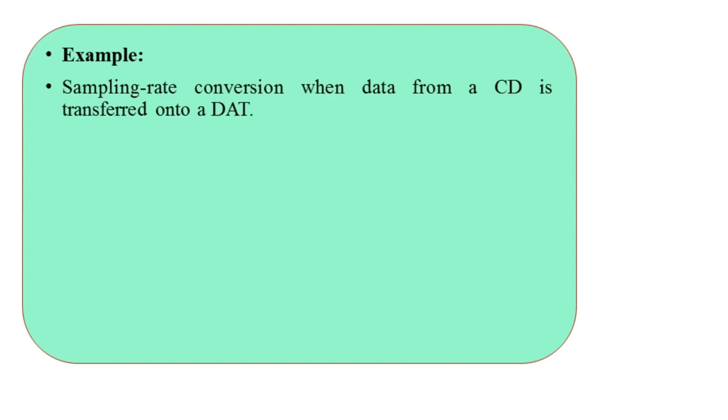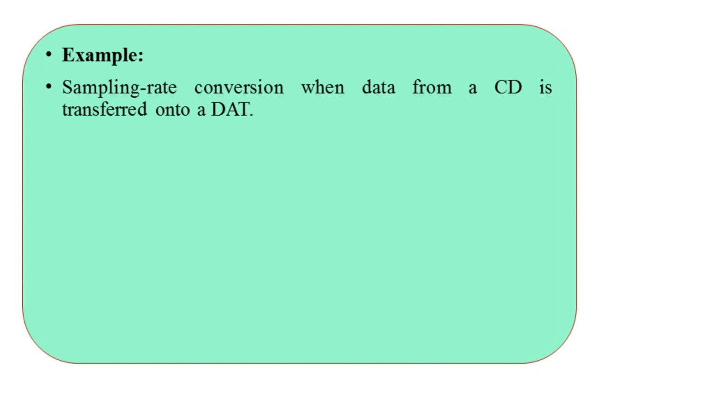So in this example the sampling rate is to be converted for the application of the compact disc. Whatever information, that is data, is there from the source, the compact disc CD, is to be transferred to the DAT system for playing that particular music.